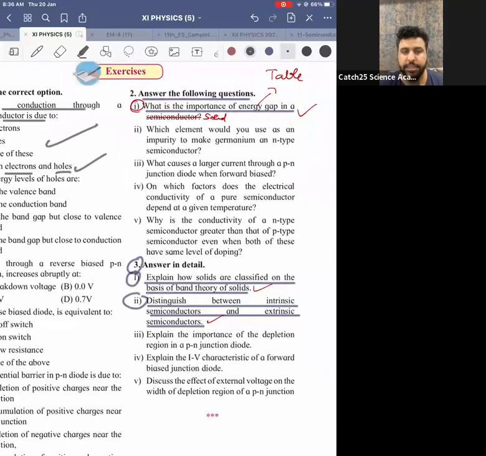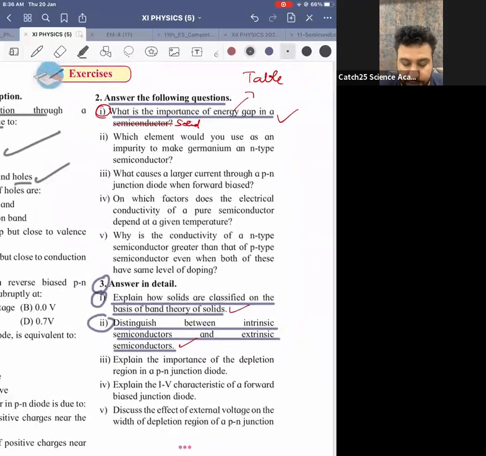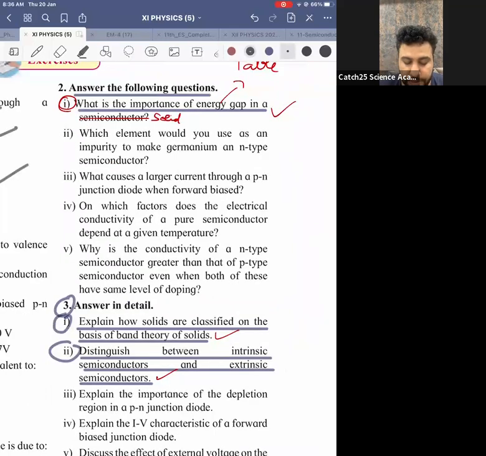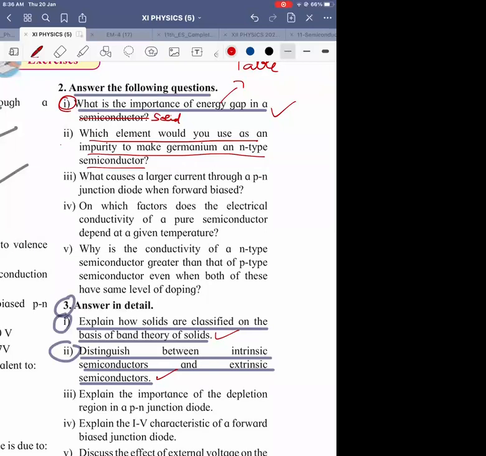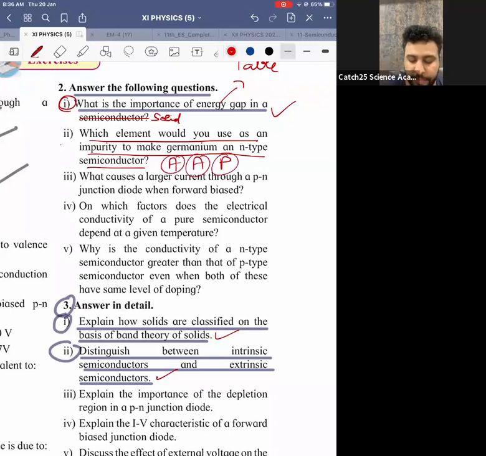Now come to your second question. Which element would you use as an impurity to make germanium N-type semiconductor? Tell me, what is the answer? Pentavalent: arsenic, antimony, or phosphorus. Arsenic, antimony, and phosphorus are pentavalent impurities. Therefore, I want you to write this question as question number 2 and write down this answer: arsenic, antimony, and phosphorus.